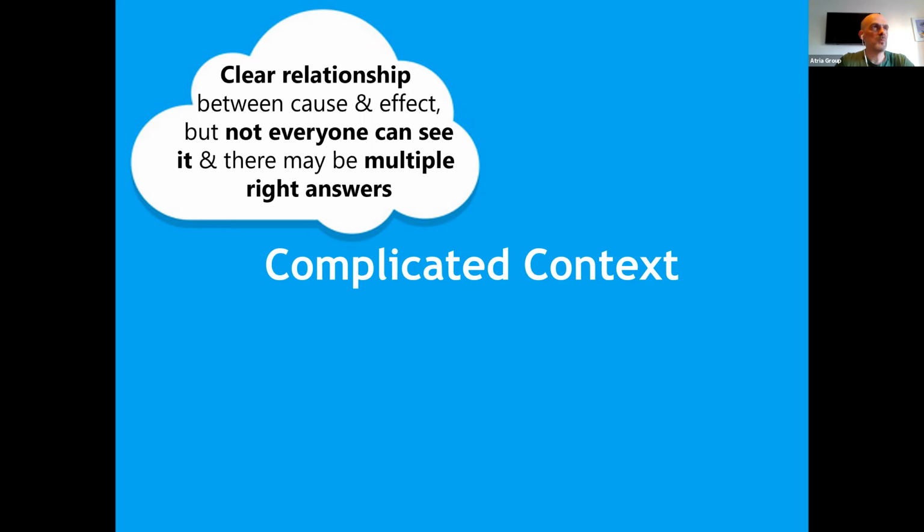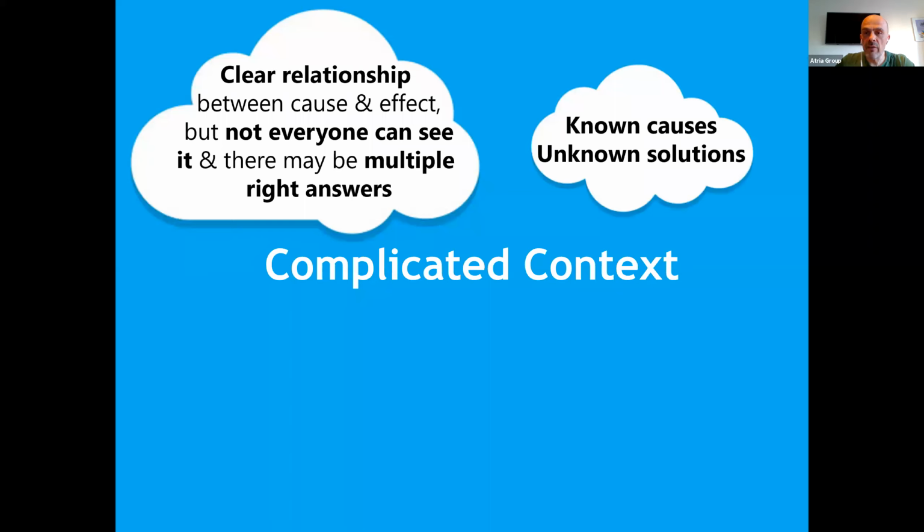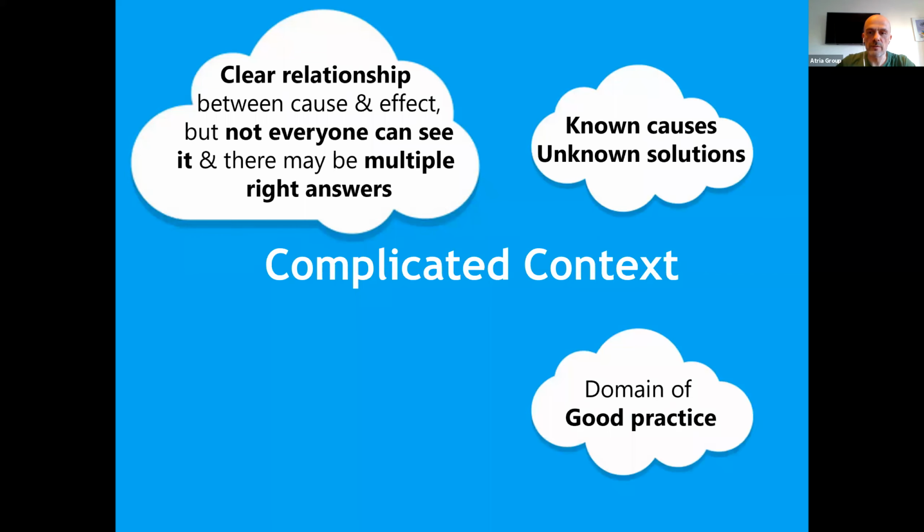If you're an expert in a certain field, then you can deliver results in many different ways. This is a clear area for coaching. It's not the area of best practice, it's the area of good practice. And in this area, there are known causes, but there are many different solutions. This is the domain of good practice.